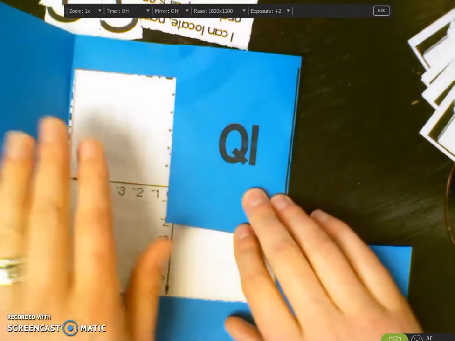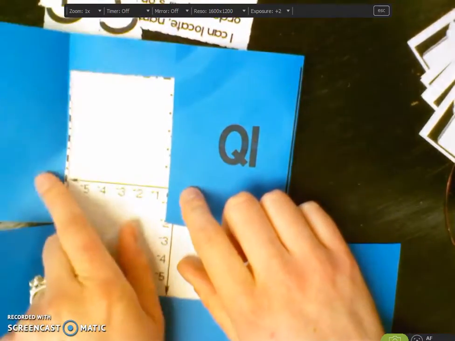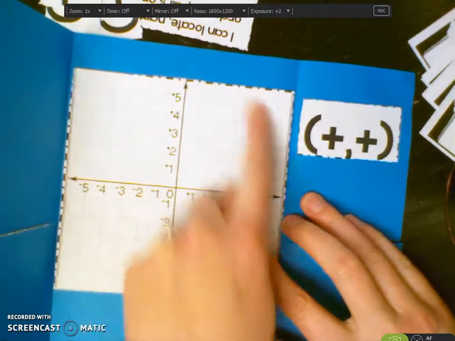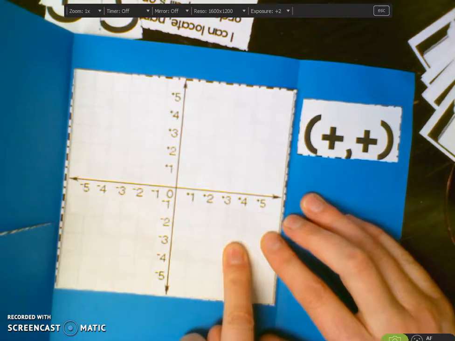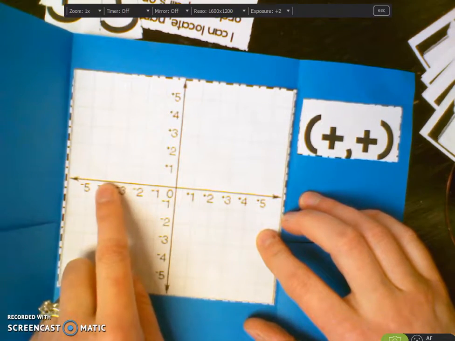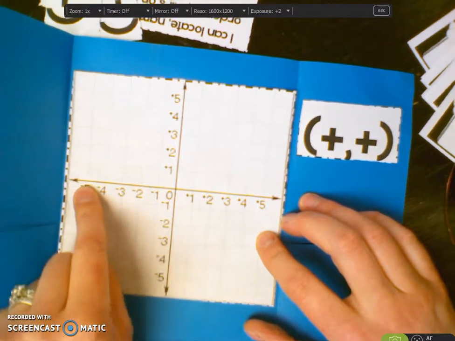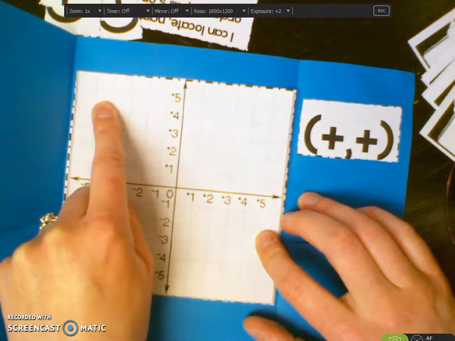This is quadrant 2, right here. This is quadrant 1, quadrant 2, quadrant 3, quadrant 4. In quadrant 2, we would go x first, noticing that the numbers are negative, then going y next, noticing that those numbers are positive.